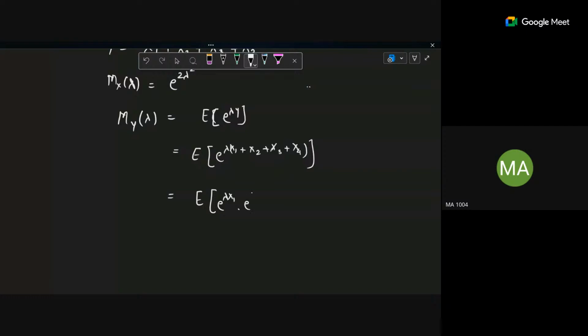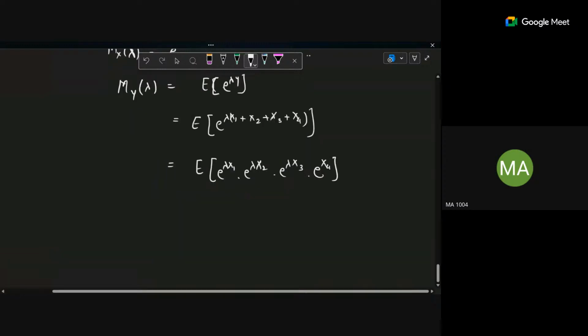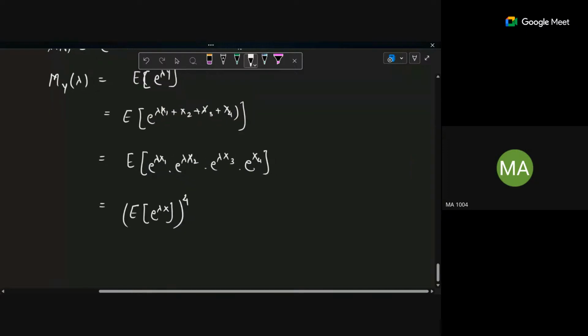So if all Xi's are independent and identical, then can I write it as expectation of e to the power lambda X whole to the power 4? So I skipped 2 steps here.